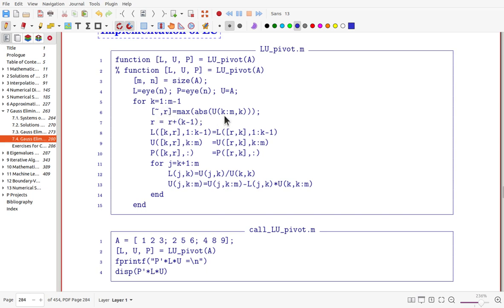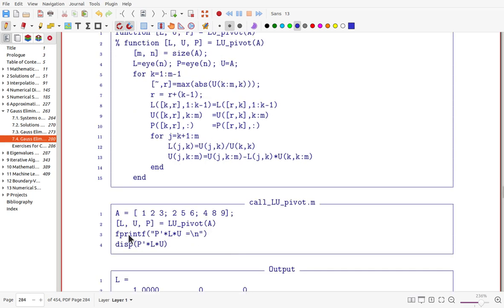So we try to get the part below in the kth column, the kth pivot, and then that is eventually in the whole matrix, and R is determined in this way, so that we try to interchange, and also we try to update the permutation matrix, and now we apply the row operation, and in this way it is organized for this matrix.